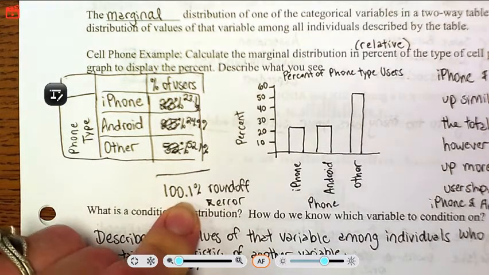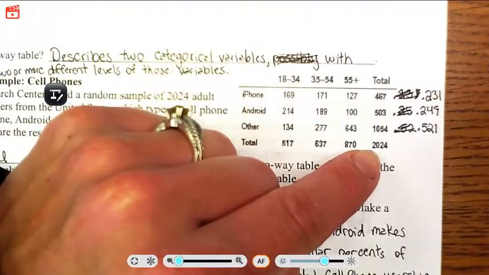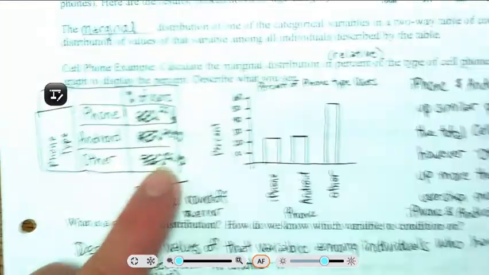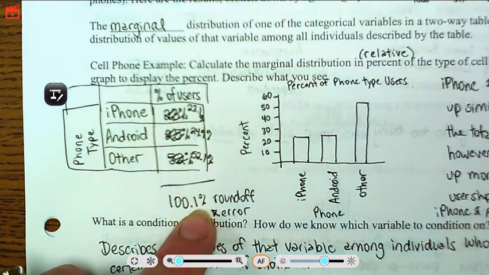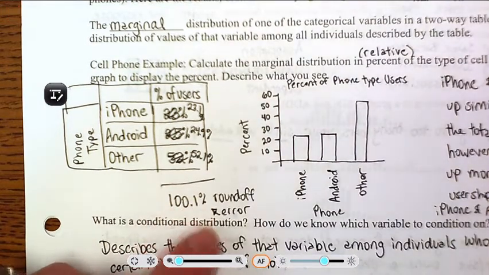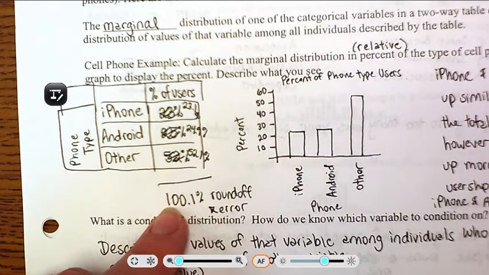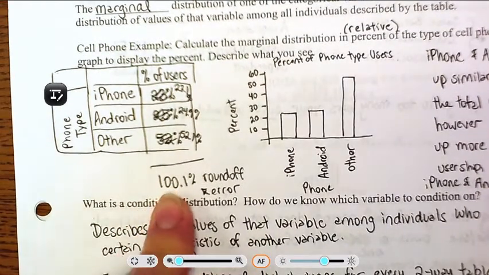It's called round off error because of just the unique way that these numbers work with that total, and when you divide out of that total and round to the thousandth place, they give you one extra thousandth place. Anyway, so that's just fine. Okay, there's a name for it, but we leave it. So don't try to fix it. It is not actually a problem.